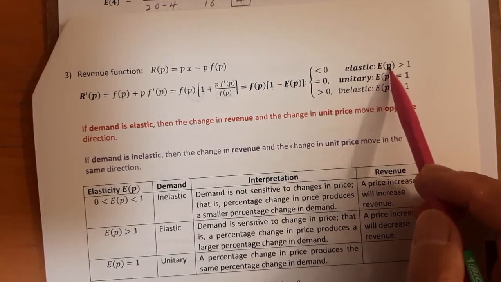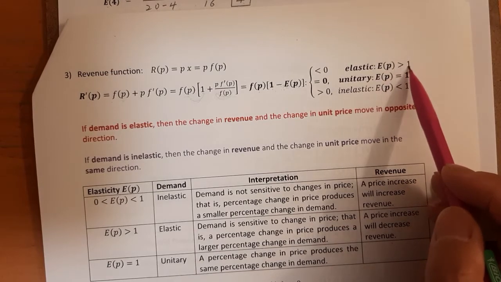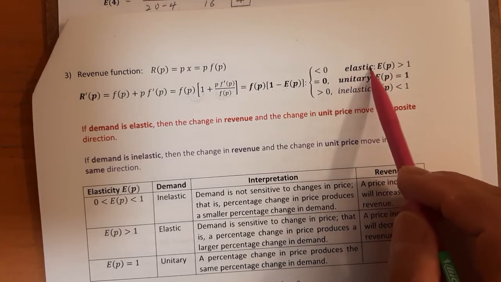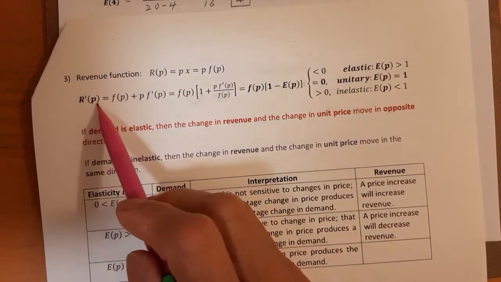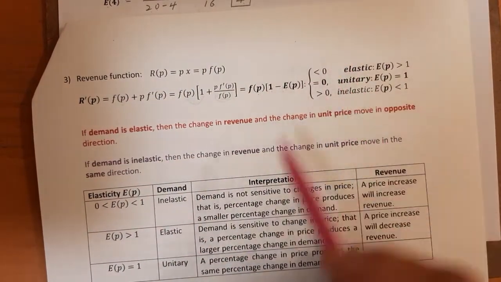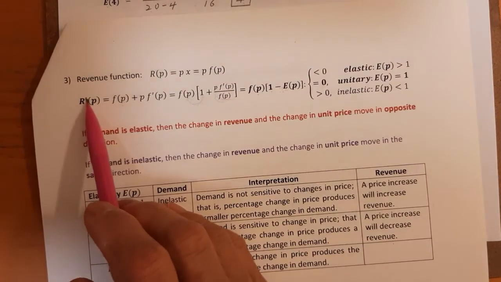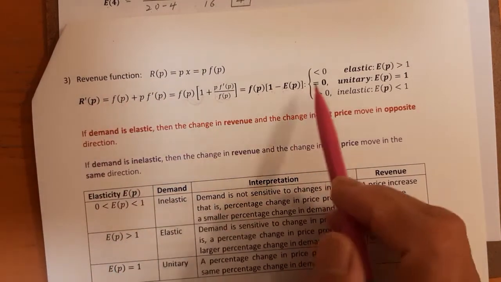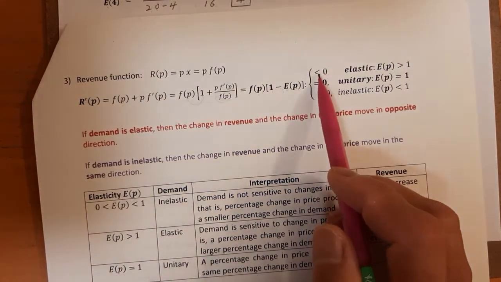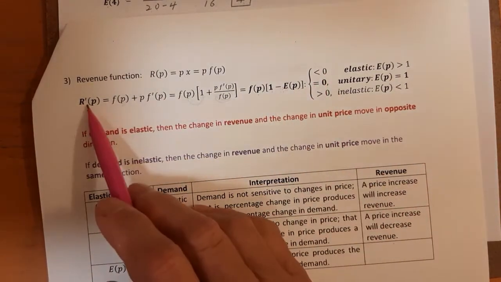So if E of p is greater than 1, the demand is elastic, and R prime of p is going to be negative. If the first derivative of the function is negative, then the original function R of p is going to be decreasing. That means R of p is decreasing.